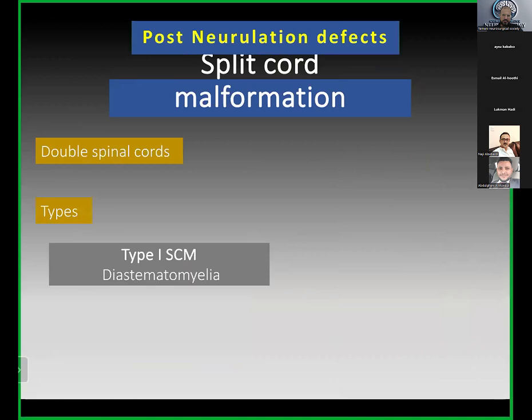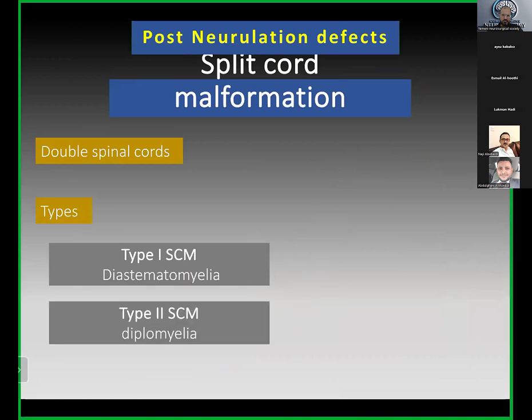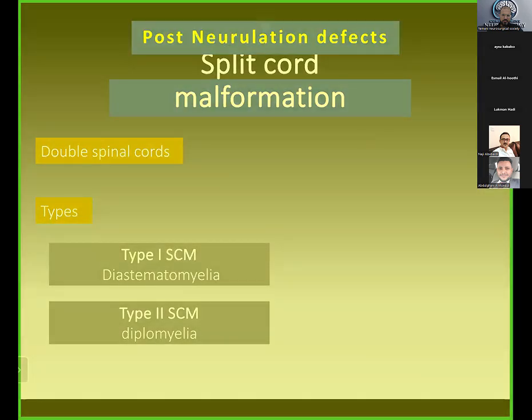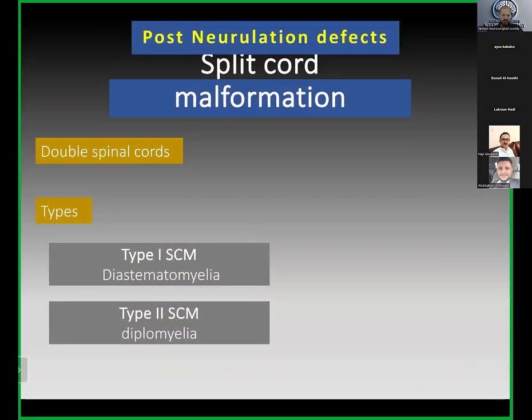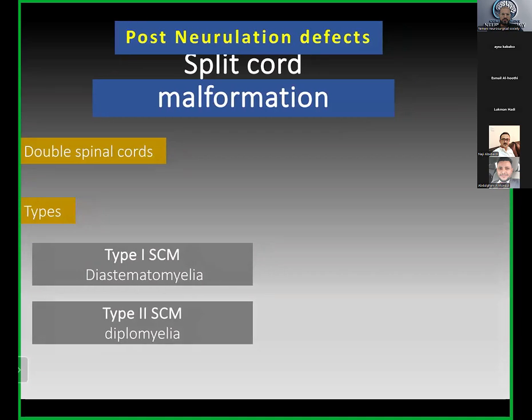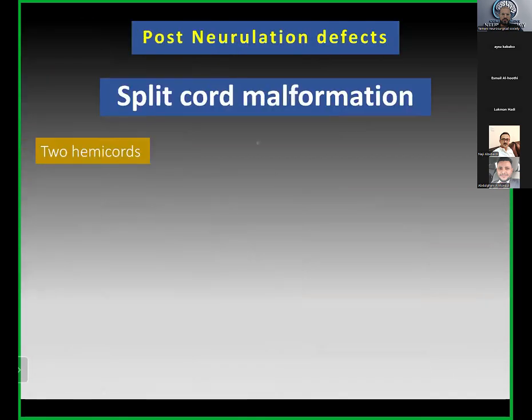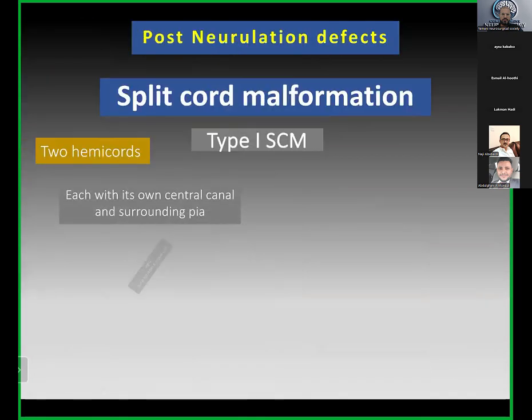In split cord malformation, type 1 is called diastematomyelia, which is two cords in two separate dura, and between the two cords there is a cartilaginous or bony spur separating both the spinal cords, while type 2 is two hemicords in the same dura.